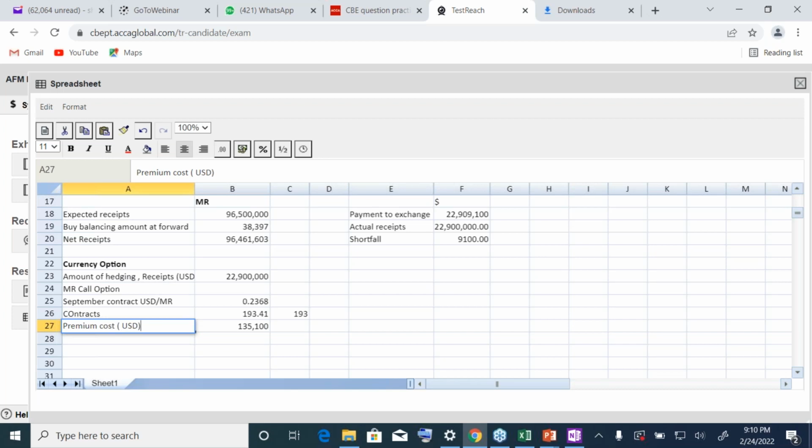USD. So now calculate the premium in MR. How do we convert the premium? Premium is an expense, right? Premium is the cost. Will you divide it with the higher rate or the lower rate?